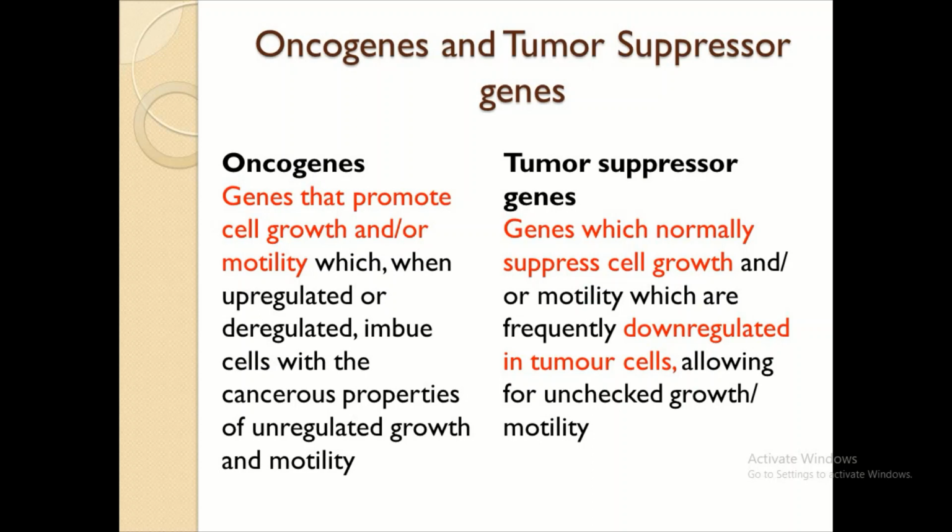In the case of tumor suppressors, it is totally opposite. In contrast to oncogenes, they suppress cell growth, act as regulators, and their levels are always downregulated in tumor cells. So both play opposite roles. The name itself implies that tumor suppressors suppress the tumor.